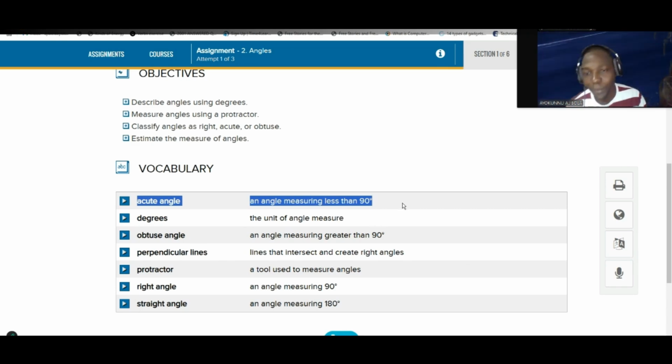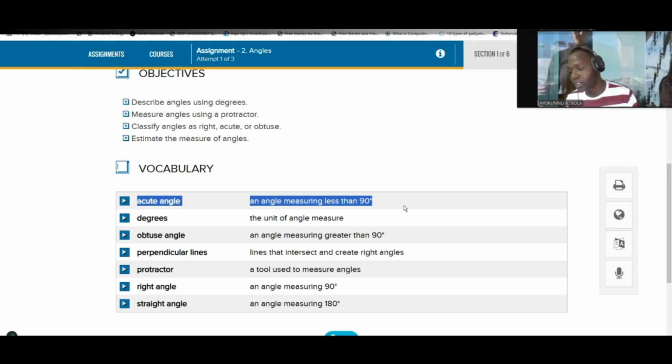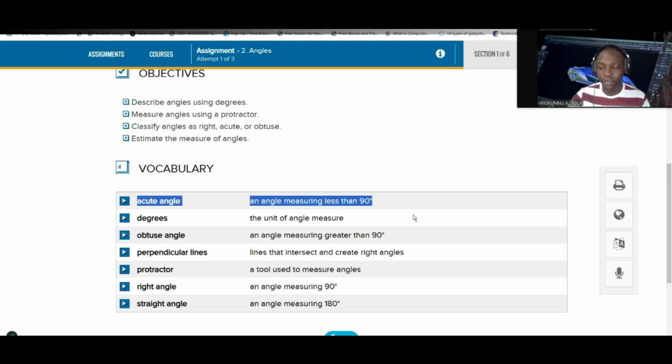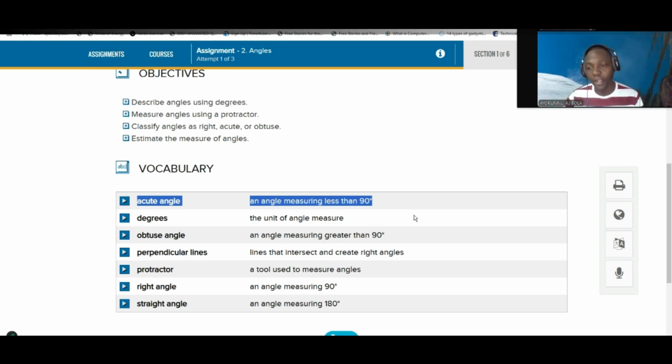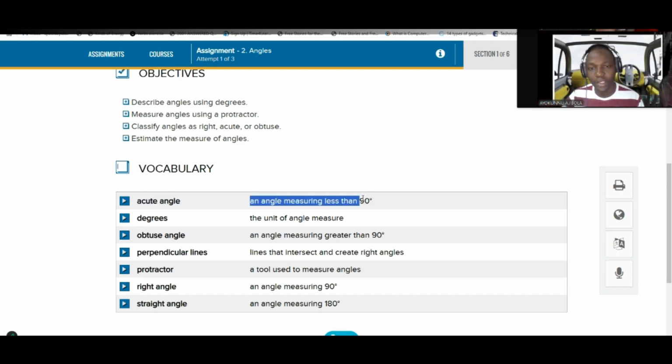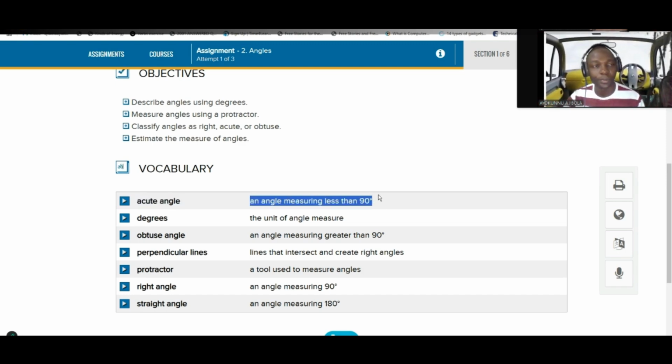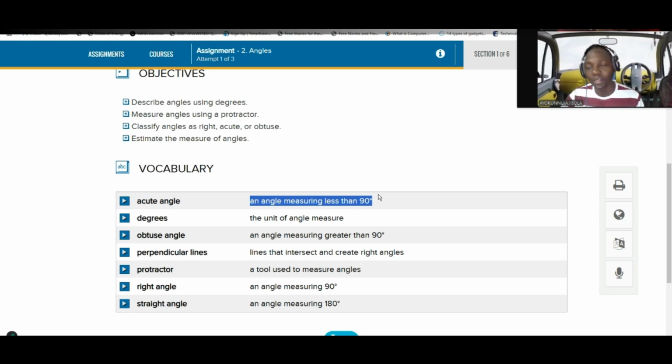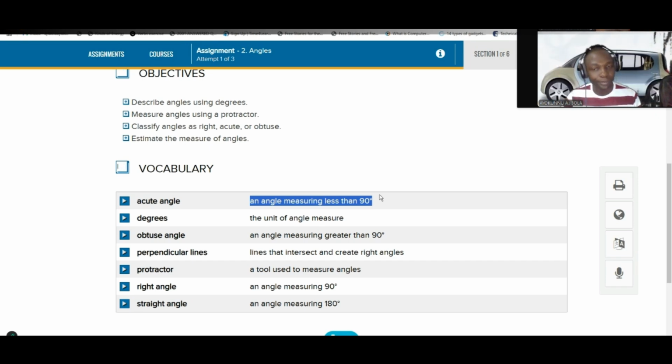Give me an example of an angle less than 90 degrees. I will give you one. I'll give you 70. I'll give you 58. Any number less than 90 degrees, like 20, 15, 38.